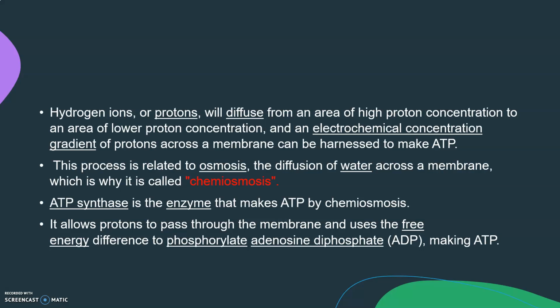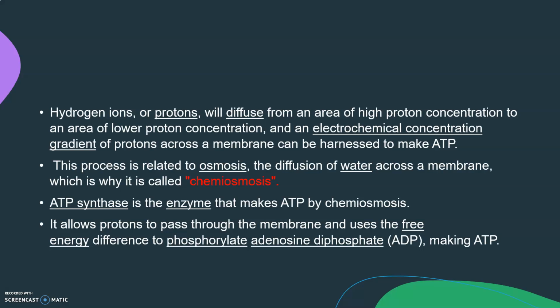The electrochemical concentration gradient of protons across the membrane can be harnessed to make ATP. And the process is related to what? Osmosis, the diffusion of water across the membrane. Because of this similarity with osmosis, it is called chemiosmosis.